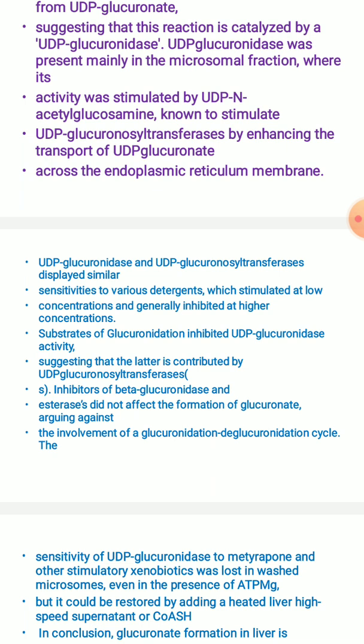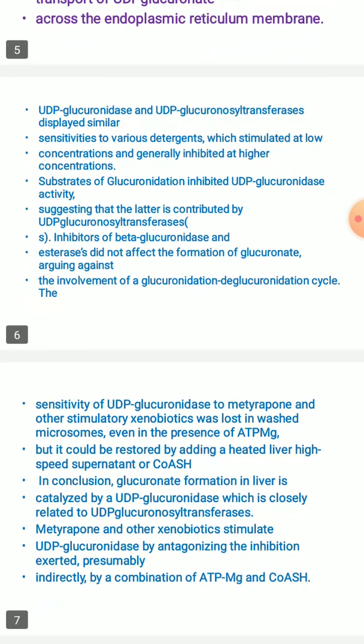The inhibitors of this enzyme are beta glucuronidase and esterases, which are not going to affect the formation of this glucuronate, which is showing the involvement of this glucuronidation deglucuronidation reaction in this cycle.